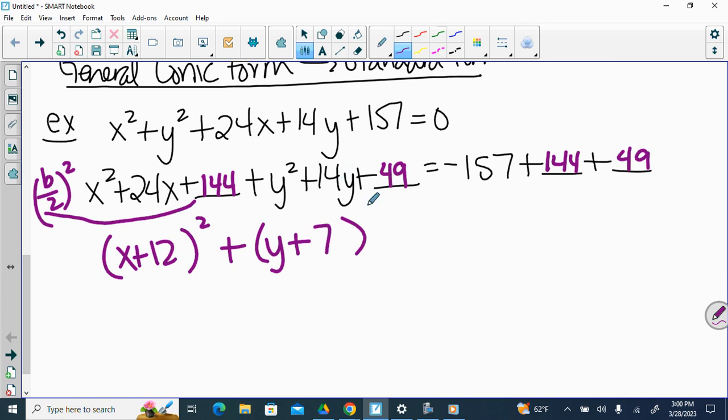Yes, that's 7. Then just combine these in your calculator and you get 36. Now this is in standard form, where I've got x plus 12 squared, so I know it's going left 12, y plus 7 squared, so I know it's going down 7, and that the radius is going to be 6. So you'd be able to graph it from there if you needed to.